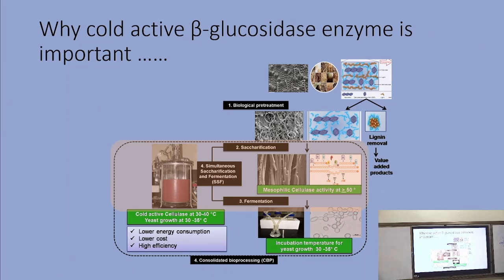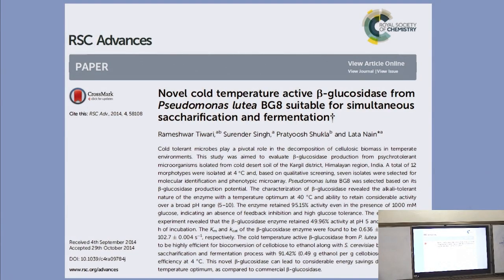Cellulase has a lot of applications, so you can do that also. And this study we published, cold temperature active beta glucosidase from Pseudomonas lutea BG8, okay, and this was collaborative work with IERI, and Rameshwar was my PhD student, he is now in South Korea.